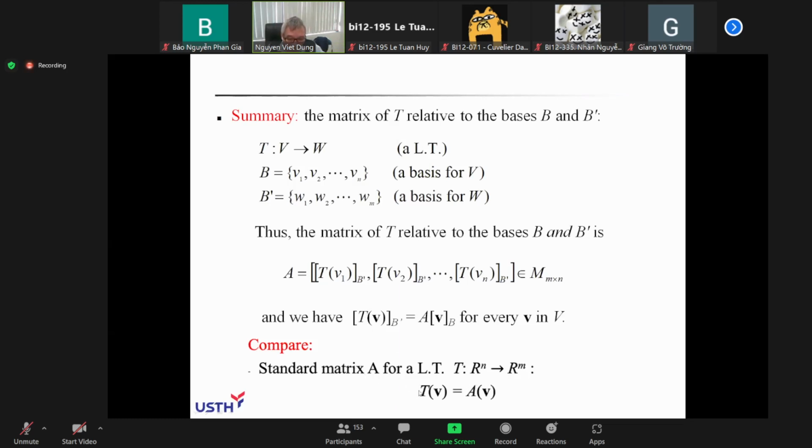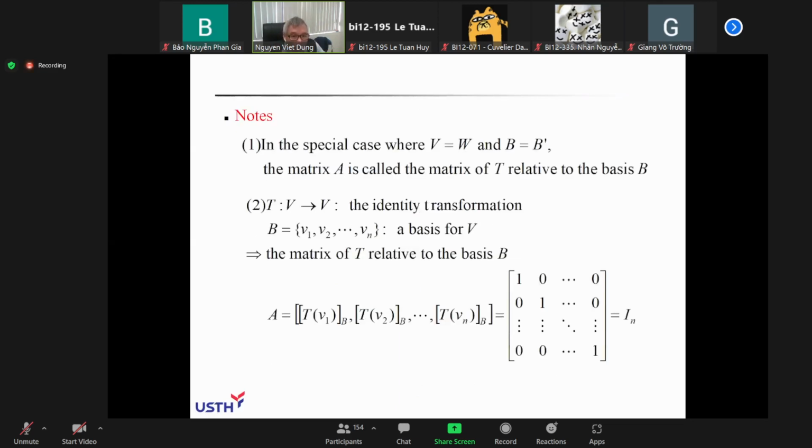The formula for the standard matrix is almost the same as the formula in the general case. The only difference is that in the general case, we need to specify the coordinate in which basis. Here it is: coordinate relative to the basis B prime and coordinate relative to the basis B. And here we don't need to specify the basis, because on domain and codomain we always choose the standard basis, and that is fixed already.